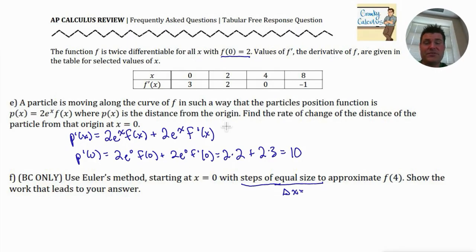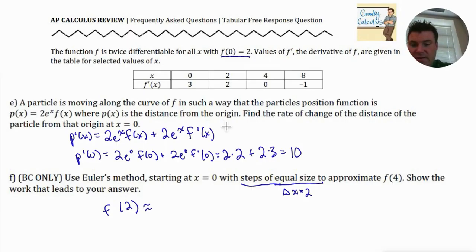If we're going from 0 to 4, we have, with 2 steps, delta x is going to equal 2 because we only know values of 0 to 2 to 4. So I'm going to first approximate f prime of 2. Okay? So actually, sorry, not f prime of 2. I'm going to approximate f of 2.